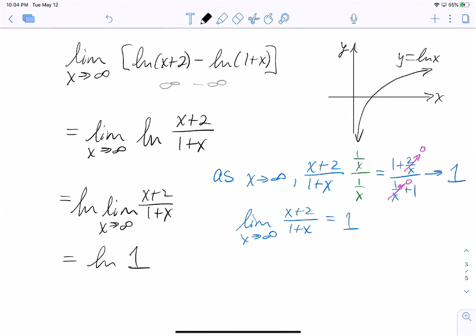Looking again at our graph, if the input is 1, the output is 0 for y equals the natural log of x. Therefore, this limit is 0, and it turns out that today, infinity minus infinity is equal to 0. Keep in mind that's not always the case.